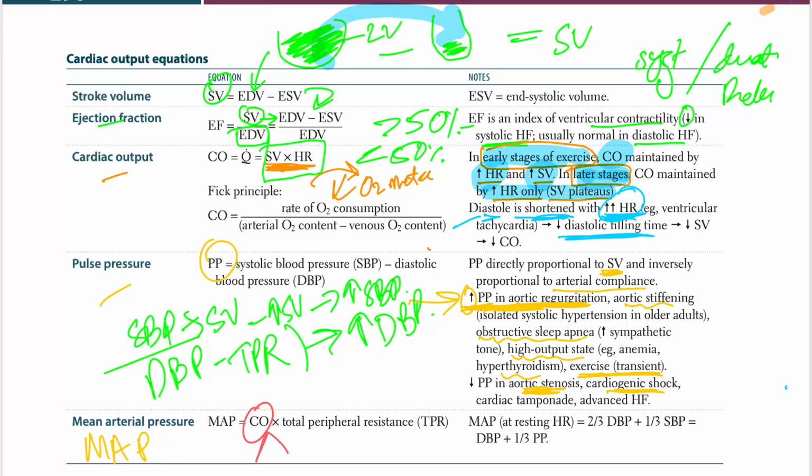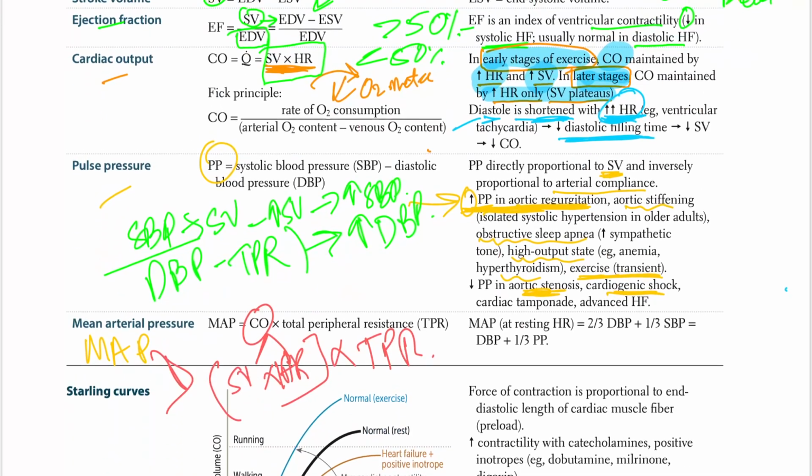Cardiac output, which is determined by your SV, stroke volume, times the heart rate, and this whole thing multiplied by TPR would give you MAP, mean arterial pressure, which is again at resting heart rate 2/3 DBP and 1/3 SBP. DBP more because the blood stays within the diastole more and not in the systole, because systole is just whatever right away goes out of the heart, while in diastole is all the circulatory system that it has to travel.